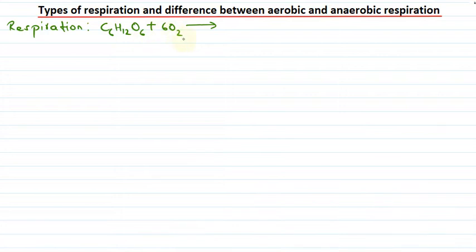The glucose gets oxidized and this results in the release of carbon dioxide, water in the form of vapors, and energy. This is what happens during respiration, and from respiration we get the energy which is much needed for performing the body activities.